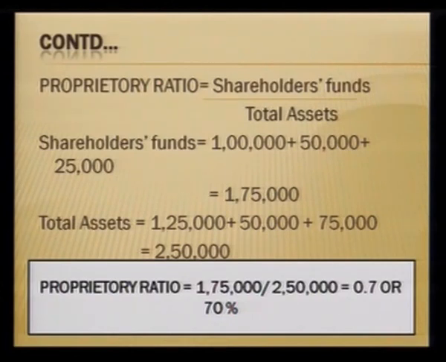So, our ratio becomes 1,75,000 divided by 2,50,000. So, it is 0.7 as a pure number, or we can express it as a percentage, and it turns out to be 70%. In case we want to convert the pure number into a percentage, we multiply it by 100.